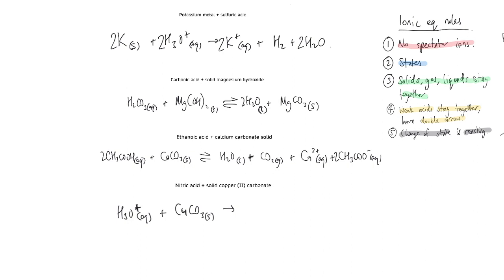Right? Now I look at the salt. It's going to be copper nitrate. And copper nitrate is soluble. So since copper nitrate is soluble, it's going to form copper ions and nitrate ions. Now the nitrate ions were ions initially, so therefore they are not part of the reaction. But the copper ions started out as a solid.